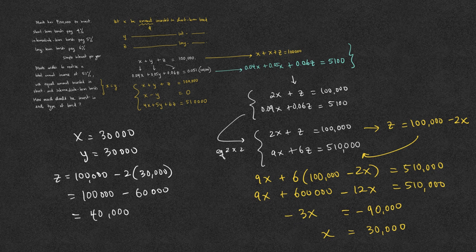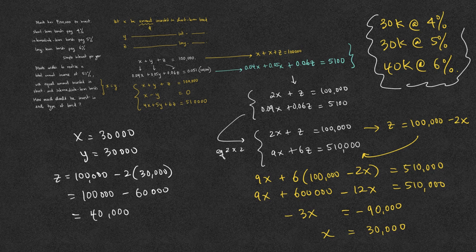So Mark should invest $30,000 in the 4% or short-term bond, $30,000 in the 5% or intermediate-term bond, and $40,000 in the long-term bond at 6% interest. And this should add up to 100,000, where the amounts invested in the short-term and intermediate-term bonds are the same.